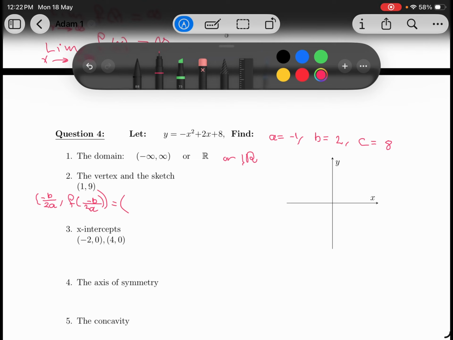So it will be 1. And if you plug in 1 in this function using your calculator, then it will be 9. If you plug in 1 and the answer was something different from 9, then there's something wrong. Maybe the way you write this in your calculator. You have to master this small detail of how to write things in the calculator.